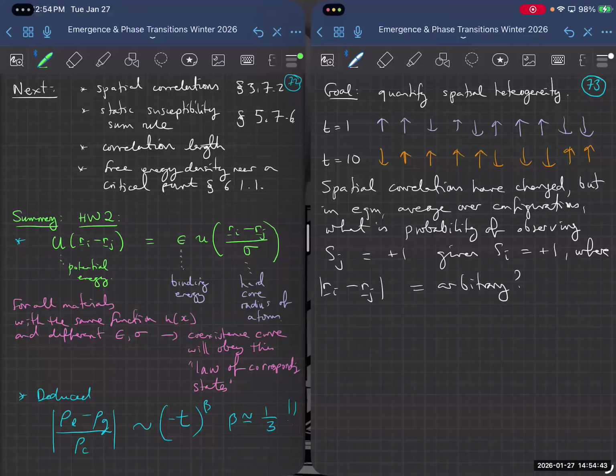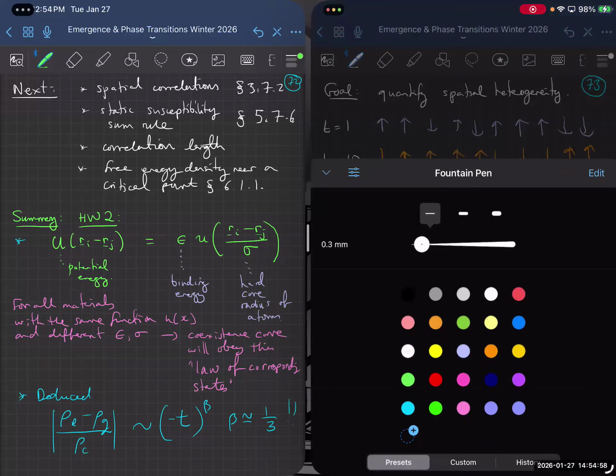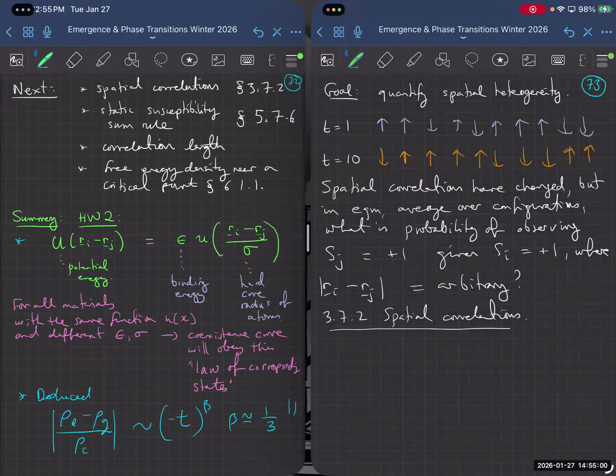Okay, so this is section 3.7.2, spatial correlations. Let me define a quantity that we're going to hear a lot about in this course, the 2-point correlation function.